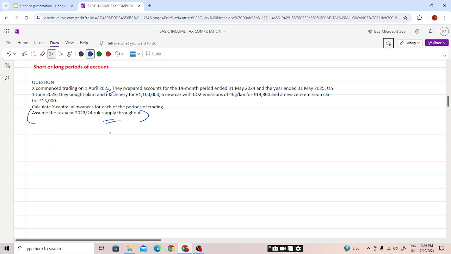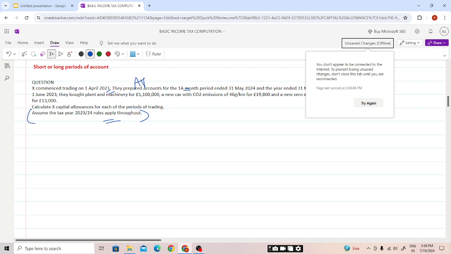Now capital allowance, students. The accounting period is for 14 months. The accounting books are prepared for 14 months, trading from 1st April, and the period ends on 31st May.